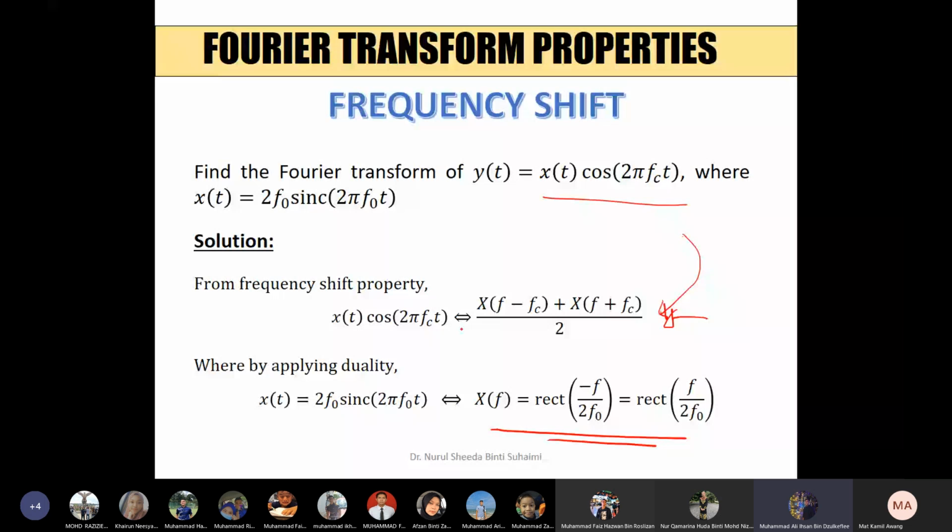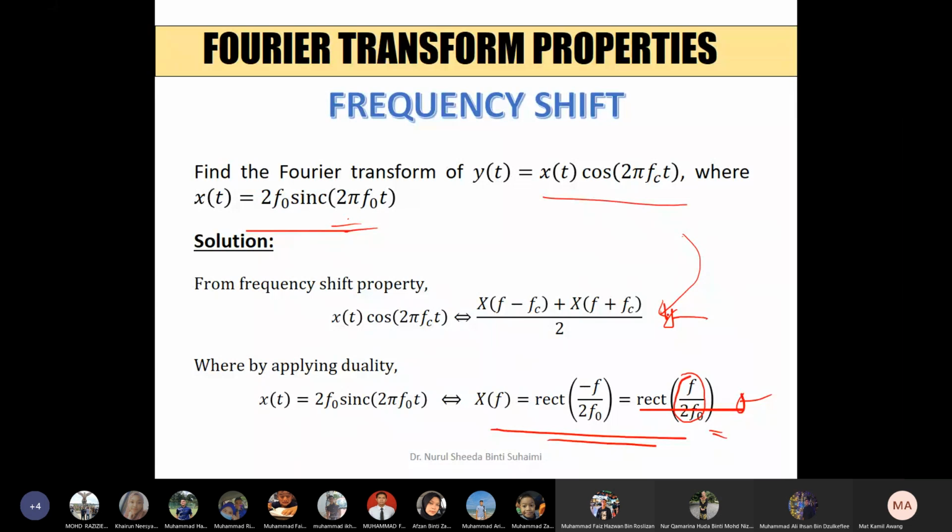This basically you have to go to the table of sinc. Basically, sinc in the time domain transforms into rectangular in the frequency domain. So whatever terms are in here, you have to look back in the table, right?